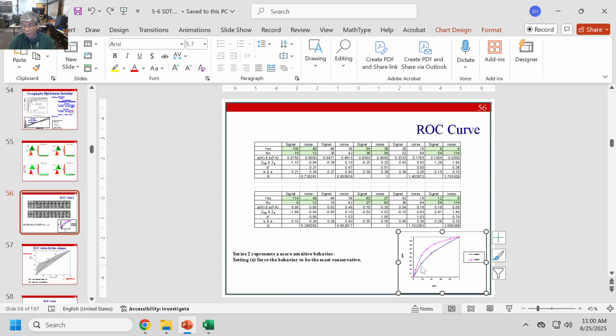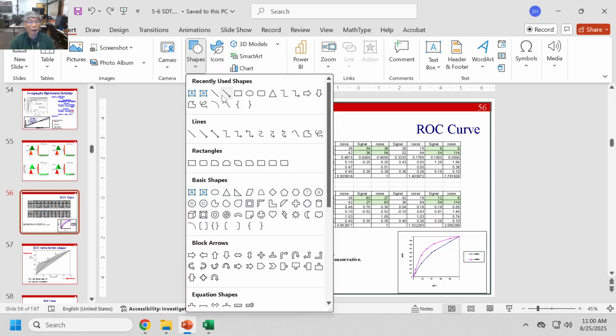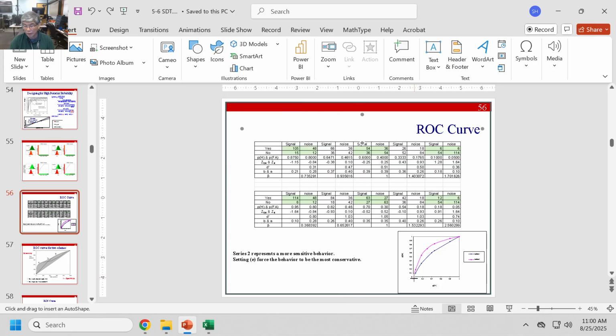Okay, now this is called the additional C curve. Okay, and let me add a shape. This is our C curve.